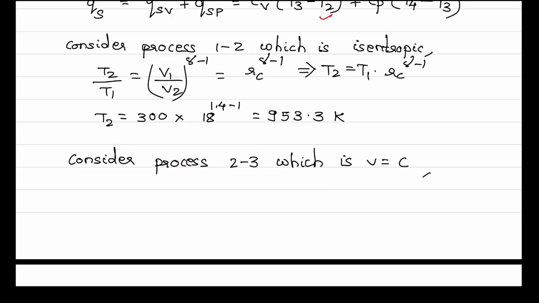So I can write P2 V2 by T2 equal to P3 V3 by T3. Now volume is constant, so I will cancel the volume part.